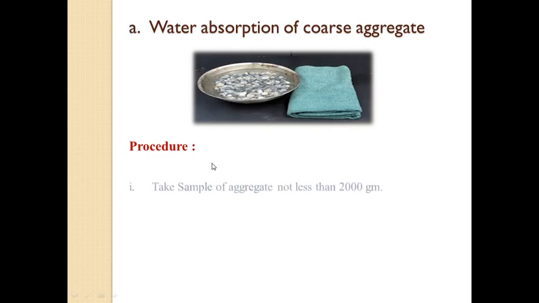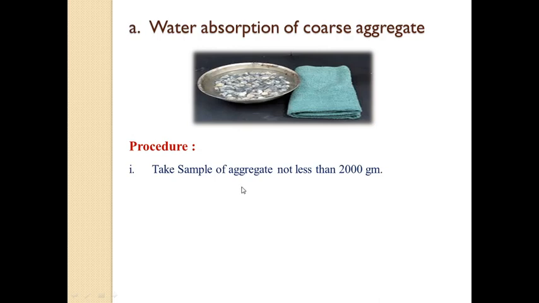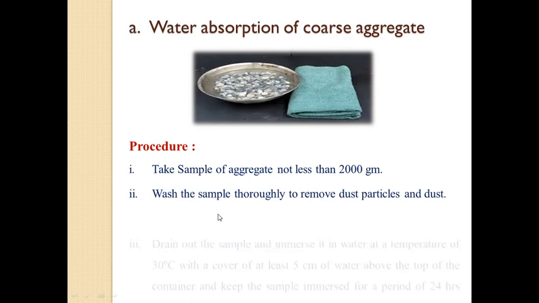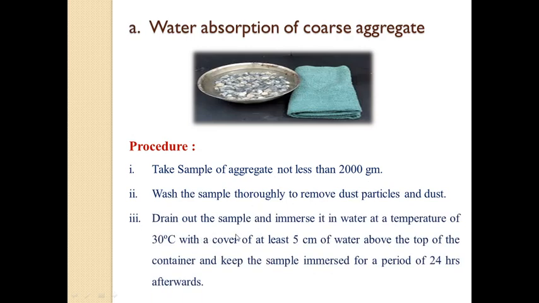So let us see how we can find out the water absorption of coarse aggregate. The procedure: first, take a sample of aggregate not less than 2000 grams, then wash this sample thoroughly and remove the dust particles from it. Next, drain out the sample and immerse it in water at a temperature of 30 degrees with a cover of at least 5 centimeters of water above the top of the container, and keep this sample immersed for a period of 24 hours.